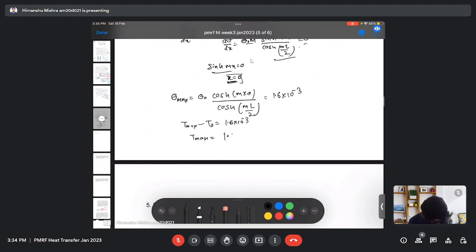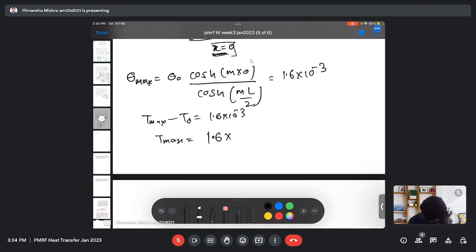So it is 1.6. So this will be my maximum temperature.